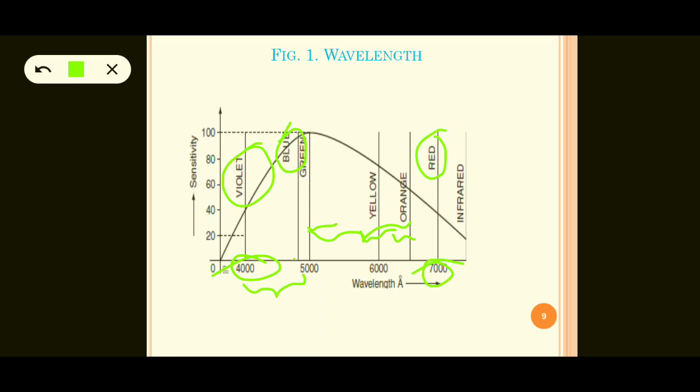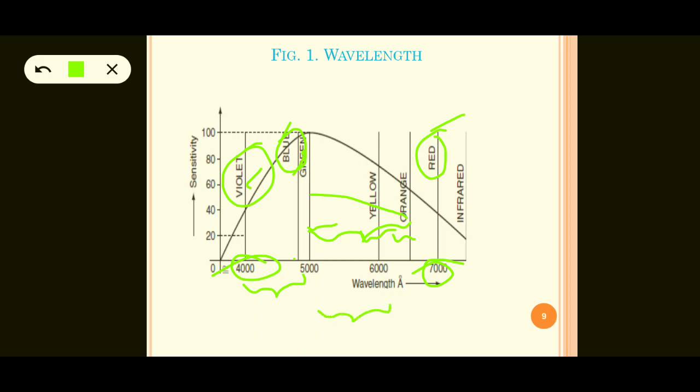So first, violet and blue are the short wavelengths. Next, red is the long wavelength. Green, yellow, orange are the middle wavelengths. Next, see 5000 green and 6000 yellow.